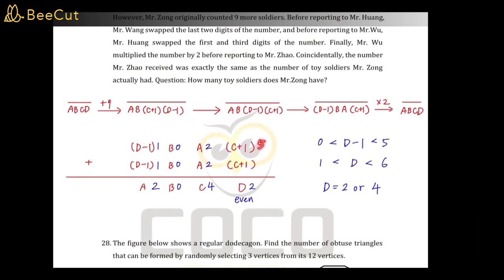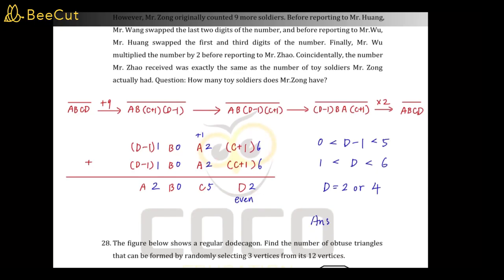If it's 4, then we get 5 plus 5, which equals 10. So there must be a carryover here. After the carryover, there is a 5, which means that C plus 1 is a 6. The 6 plus 6 equals 12. Carryover 1, so 1 plus 2 plus 2, there's 5.